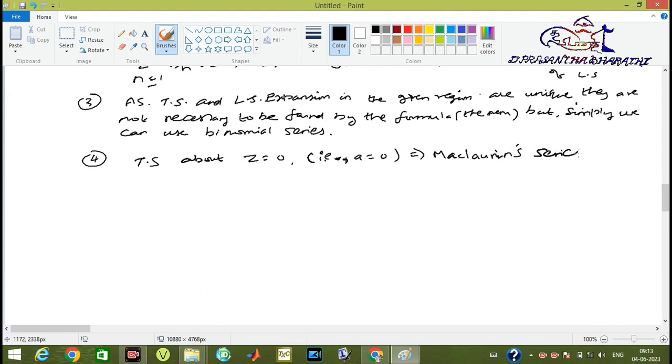In the same way, there is another note: there are no negative powers of z minus a.